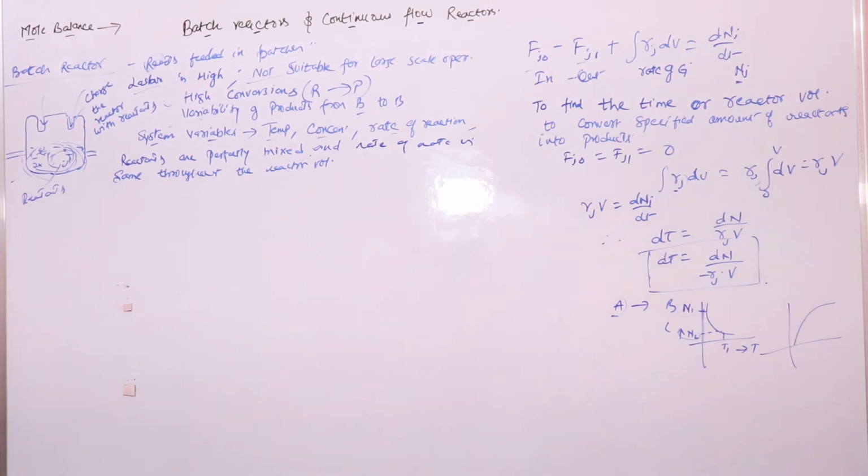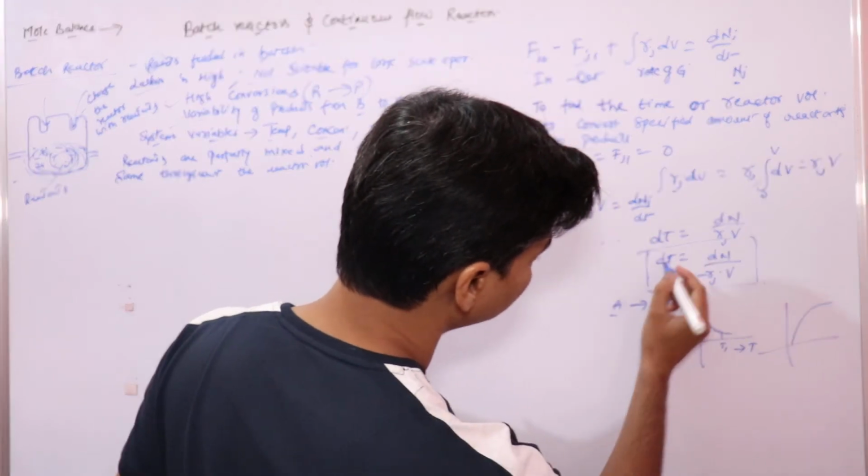The equation that we have got above is your mole balance equation on a batch reactor, and it gives the time necessary to reduce the number of moles from N1 to N2. You can integrate this equation.